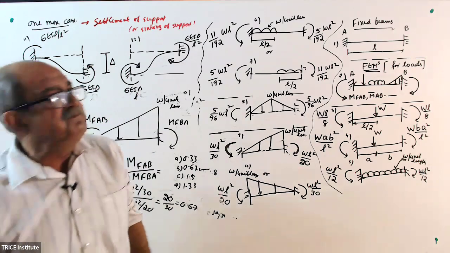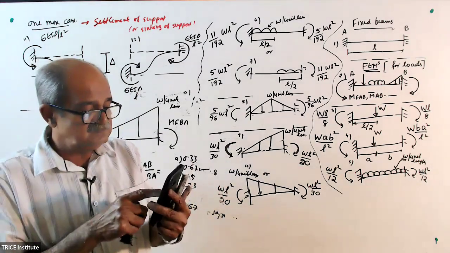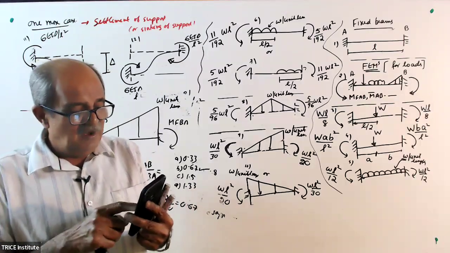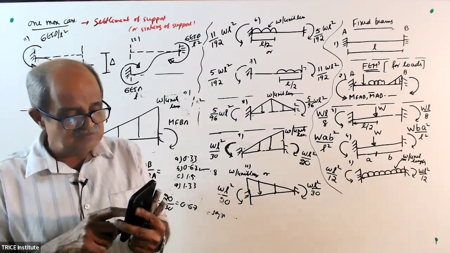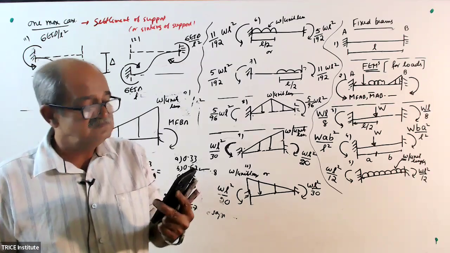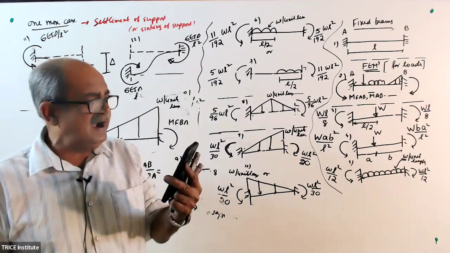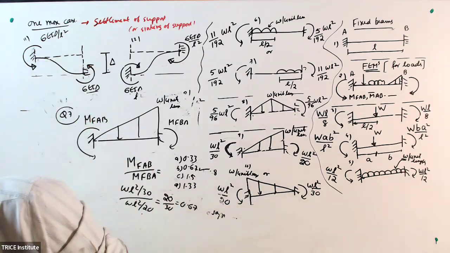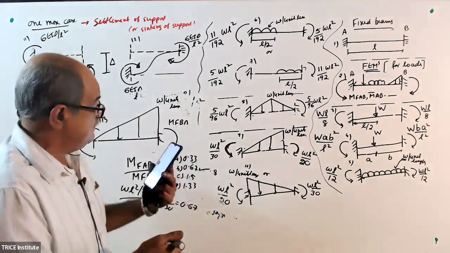You are not serious, you are not concentrating. You should see correctly what they want. Don't blindly substitute. Clear or not? If MFBA by MFAB is required, then the correct answer is 1.5. Okay.